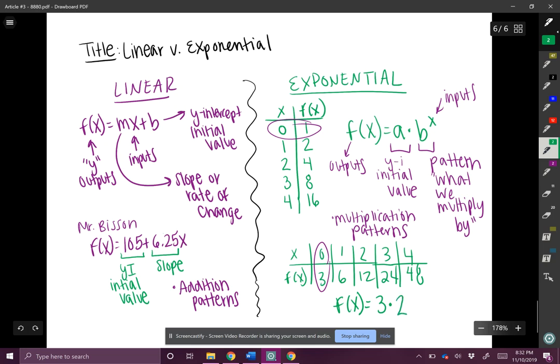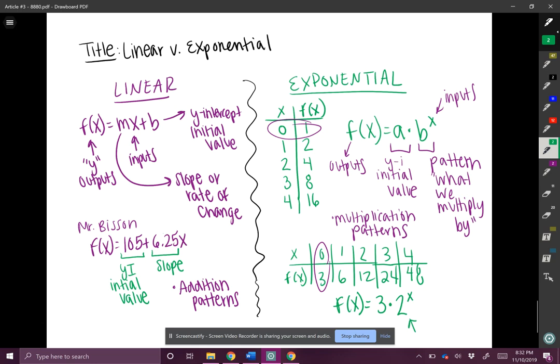So it's 3 times 2 to the x power. It's almost a little bit simpler even to write than our linear patterns, because a lot of you instantly were saying, I just see what I'm multiplying by. Now remember, this base does not always have to be a 2. I happen to do 2 different examples when the base was a 2, but if you notice the pattern's multiplying by 3 or 4 or 5, then this b value would be one of those.